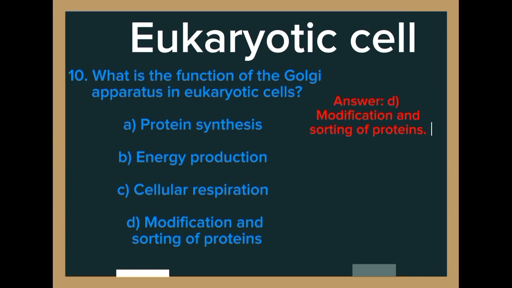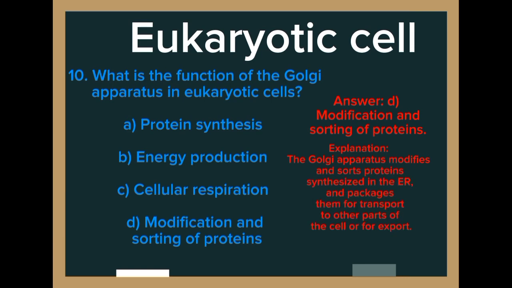Answer D. Modification and sorting of proteins. Explanation. The Golgi apparatus modifies and sorts proteins synthesized in the ER and packages them for transport to other parts of the cell or for export.